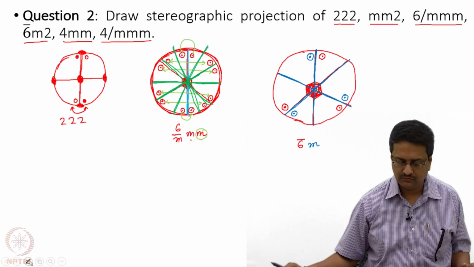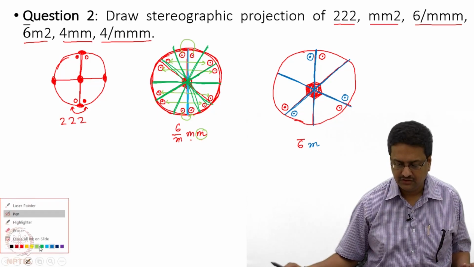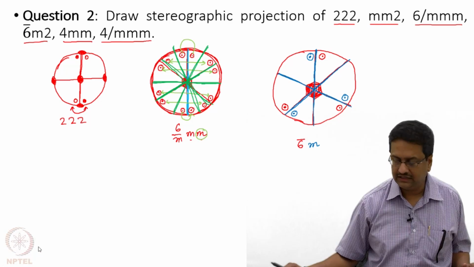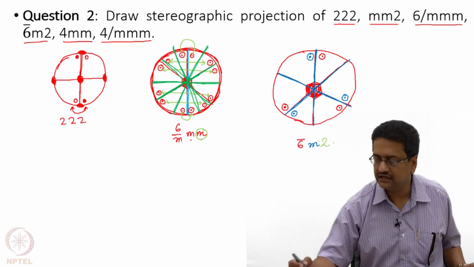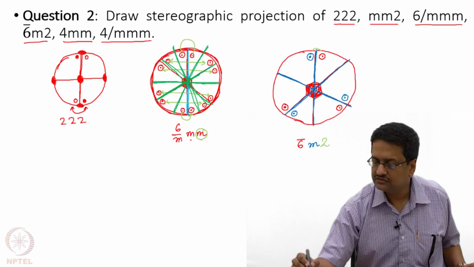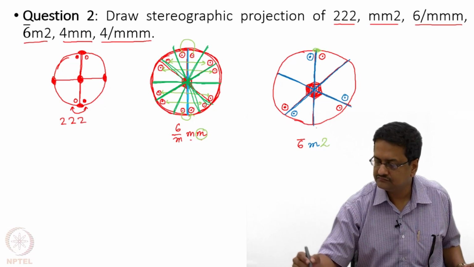And if you observe carefully, what you can find is that the two-fold is already generated along those three mirrors.